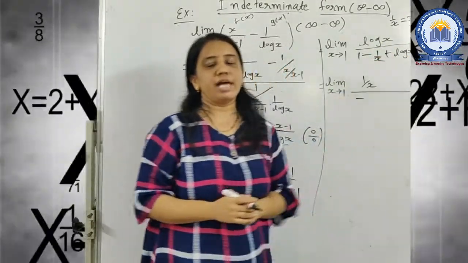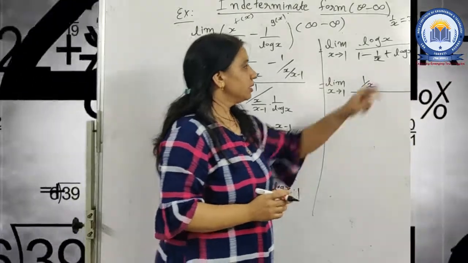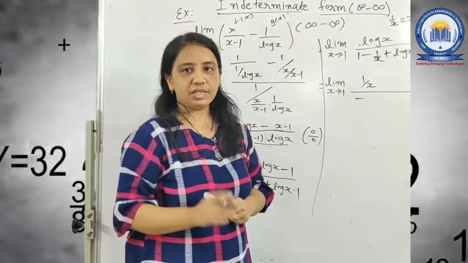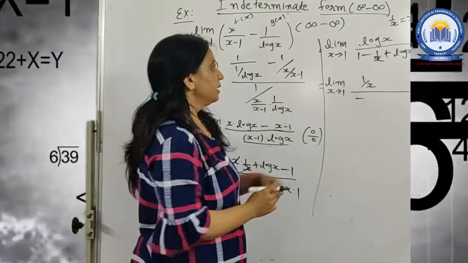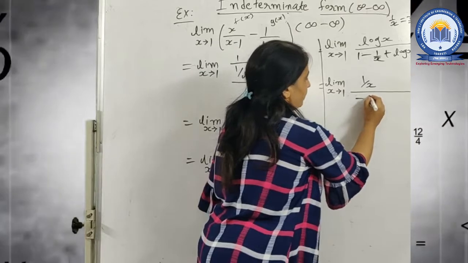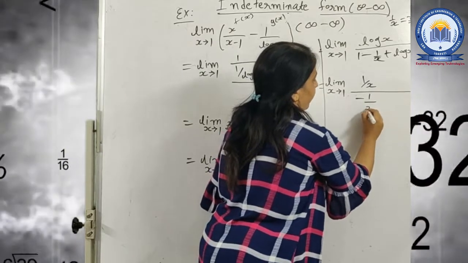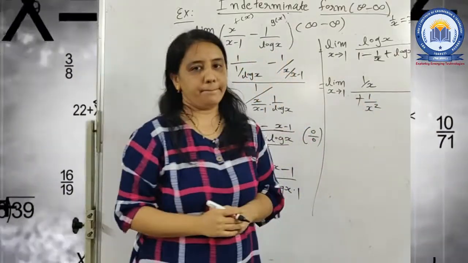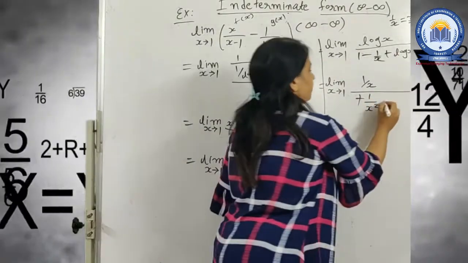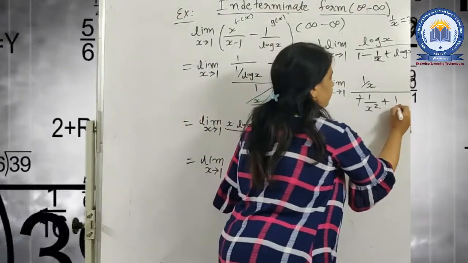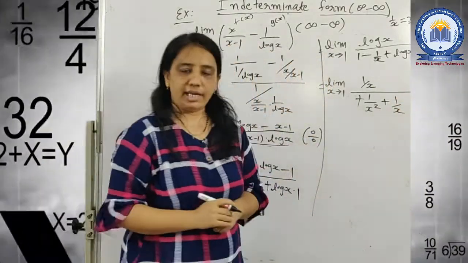So according to that, we have to write down the differentiation. For that, the differentiation is what? We have to write 1 upon x square, and that minus will become a plus, right? Plus log x, differentiation of log x, that is 1 upon x.